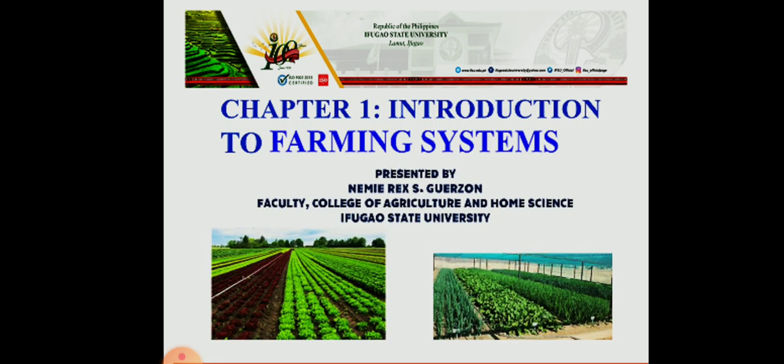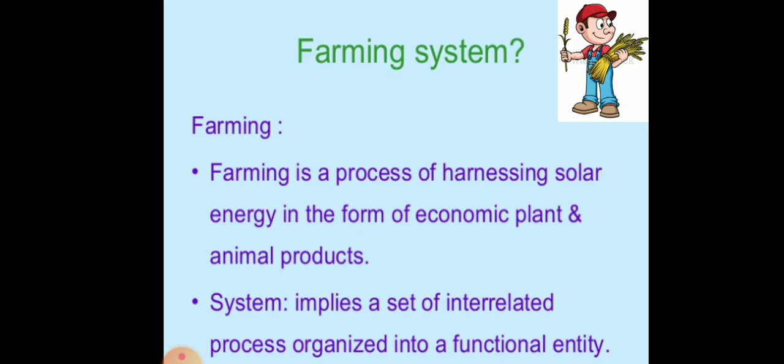So let's start now the formal lecture for Chapter 1, Introduction to Farming Systems. The etymology or the origin of the term farming system came from two words. Farming is a process of harnessing solar energy to form economic plant and animal products. And system implies a set of interrelated processes organized into a functional entity.